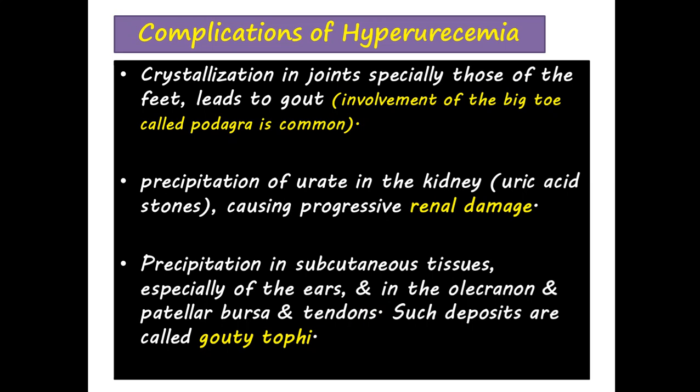And these localized collections of monosodium urate crystals are known as gouty tophi, and they are very specific for gout.